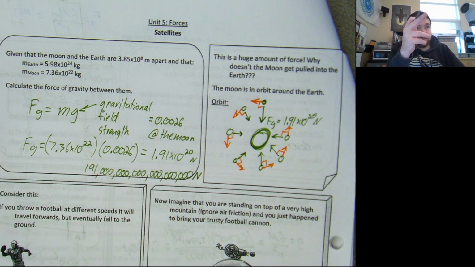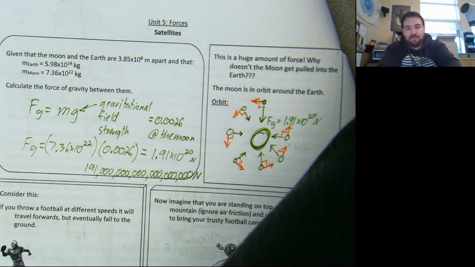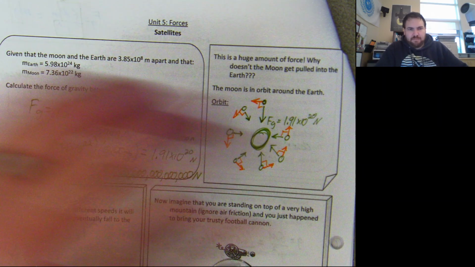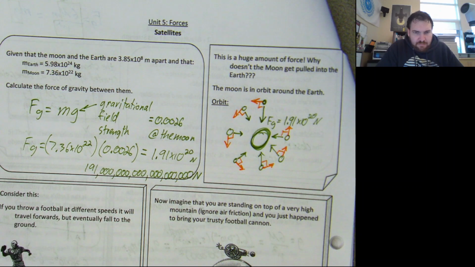Yes? Is that true? Look. The moon is moving away from the Earth at a rate of about 3.5 centimeters per year.